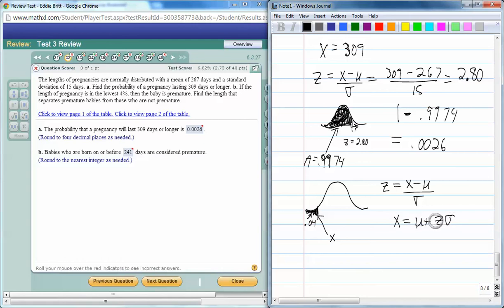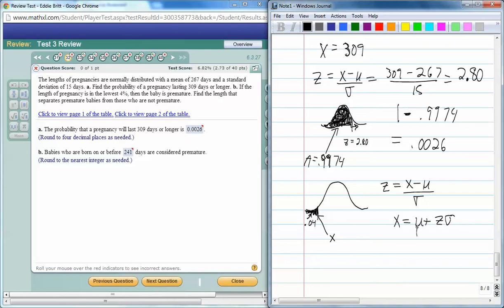We weren't given the z-score, but we were told that this 4% represents the length of pregnancy that would be premature. So if we look up a z-score that corresponds to 0.04, then we'll have everything we need to find x.